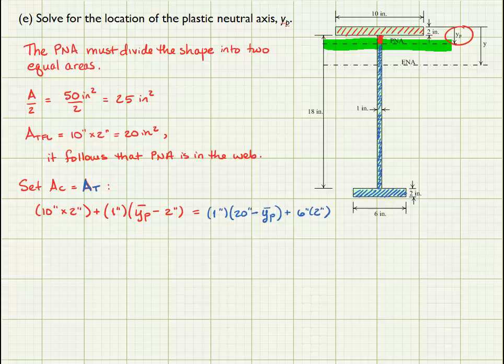So now I just solve for y sub p. From that equation above, I can rearrange and solve for y sub p, and it's equal to 7 inches. And that's measured from the top of the top flange downwards. Okay, so y sub p, 7 inches.